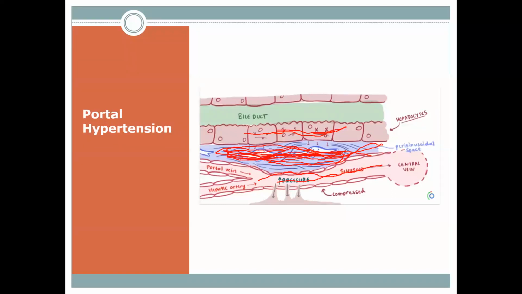This fibrous tissue accumulating in the perisinusoidal space is also pressuring the sinusoids, adding further resistance. The end result is portal hypertension, increased pressure in the portal vein, for the reasons we have just discussed.